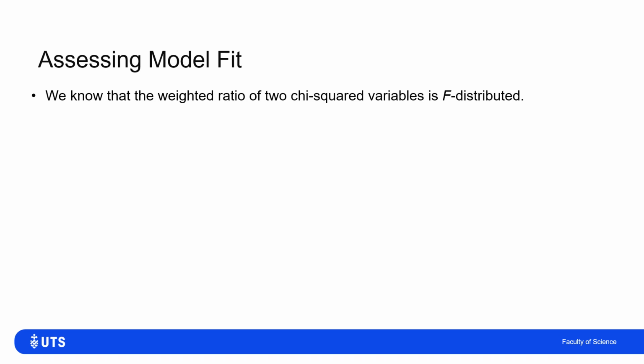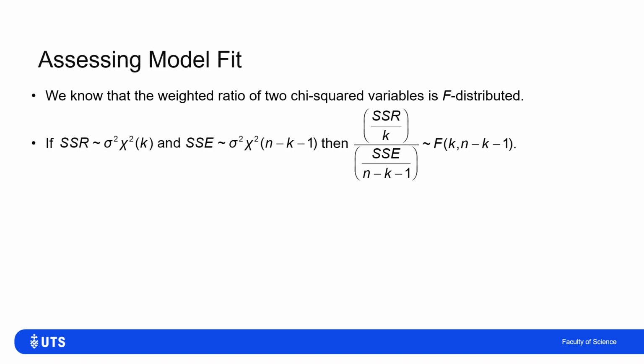Now I know that the weighted ratio of two chi-squared variables is an F distribution. What this does mean is that I can start to say that SSR over k divided by SSE over n minus k minus 1 should be F distributed, with k and n minus k minus 1 degrees of freedom.